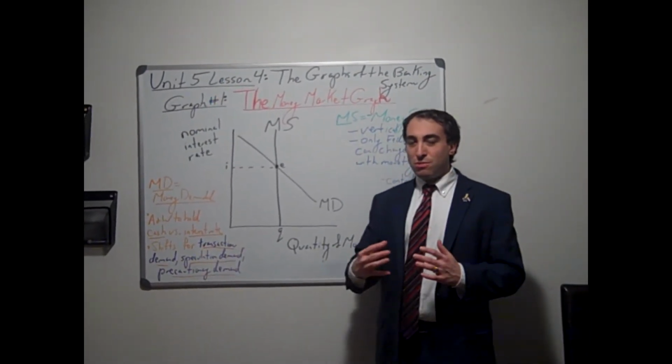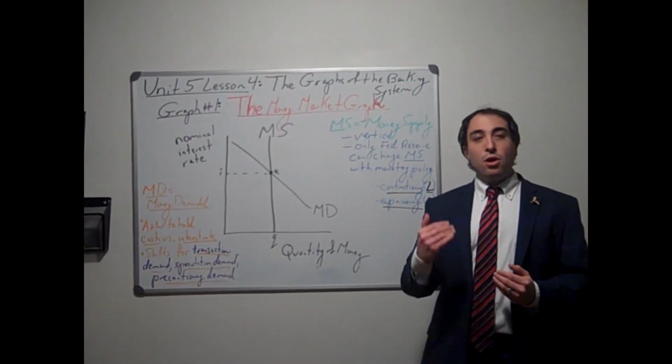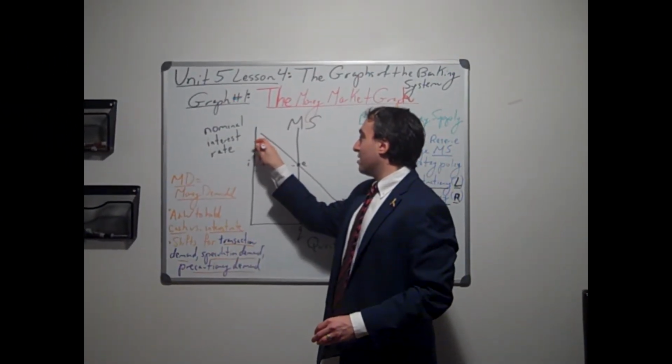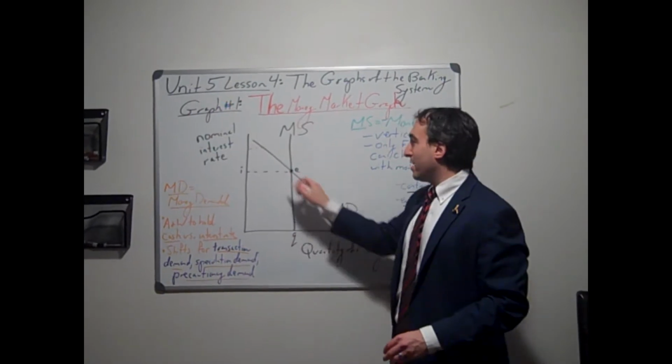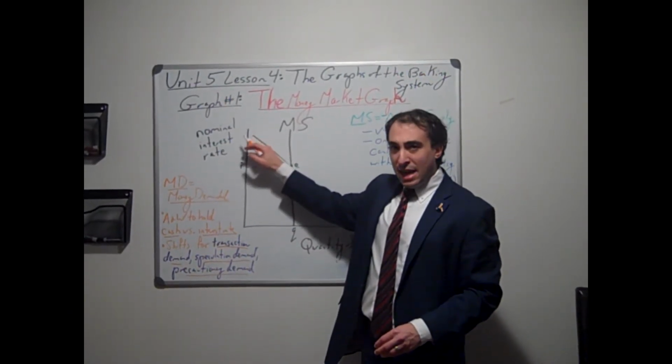So the nominal interest rate represents our opportunity cost of holding money as cash. The higher the interest rate, the higher the opportunity cost. So we see the higher the interest rates, the less we hold money as cash.